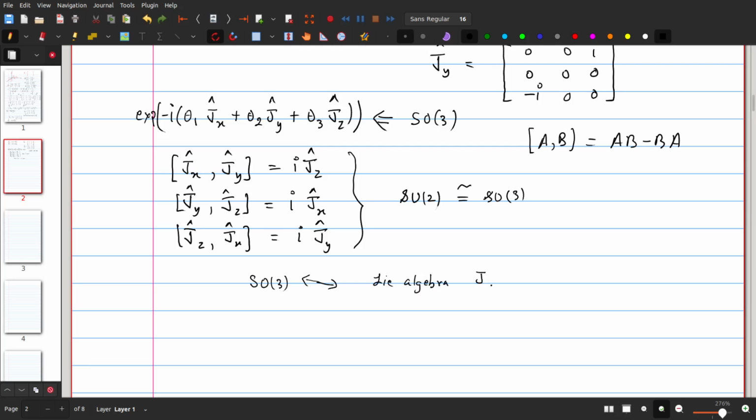It is generated by these three operators jx, jy and jz, and we have a map from this Lie algebra to the group, which is given by this exponential function. If we take any real linear combination of these matrices and exponentiate it with a factor of I, then we get an element of the rotation group.